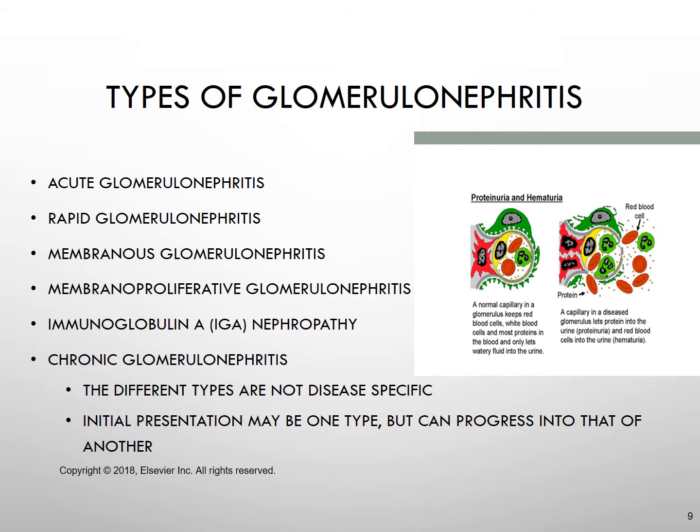Only certain strains of group A beta hemolytic streptococci induce these kinds of nephritis. The time delay between this infection and the clinical presentation usually correlates with the time required for antibody production.